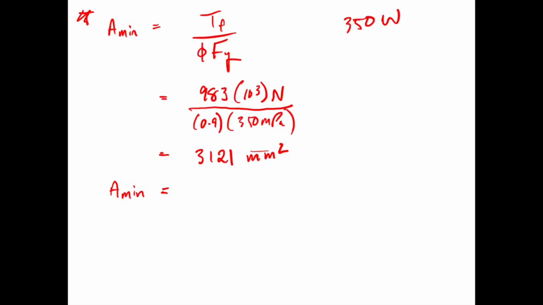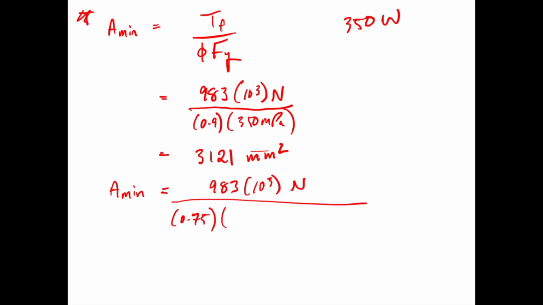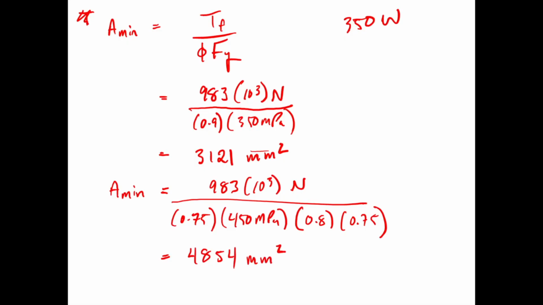Okay, so very similar steps here, 983, 10 to the 3 newtons, divided now by some other stuff. FEU is 0.75, FU is 450 MPa, and then for channels we're using 0.8 and 0.75, and that's going to give us a minimum gross area required of 4,854 millimeters squared.